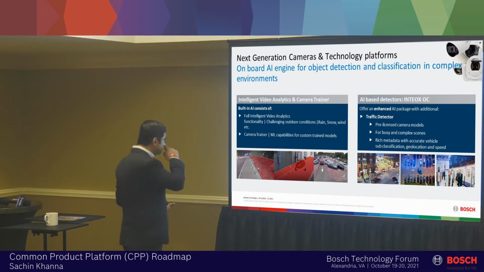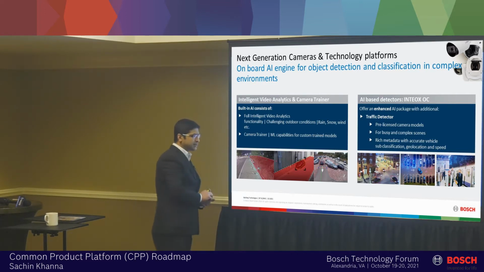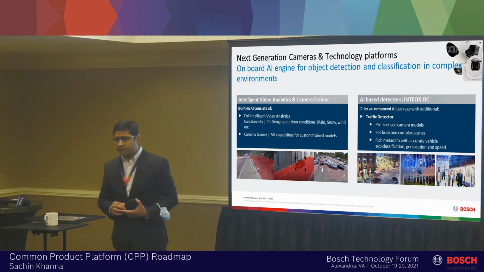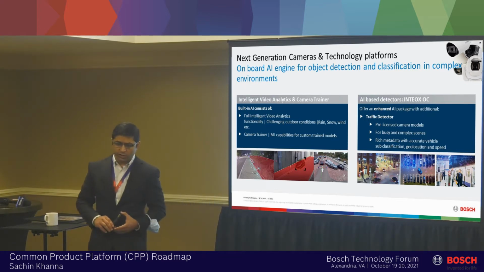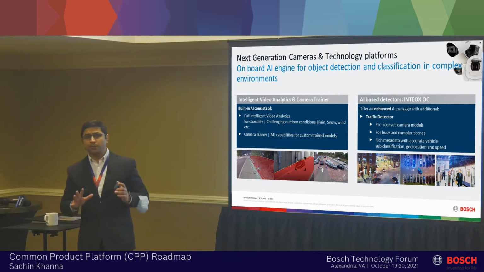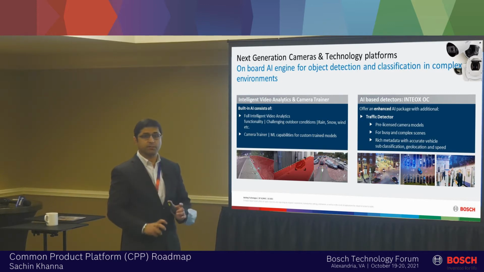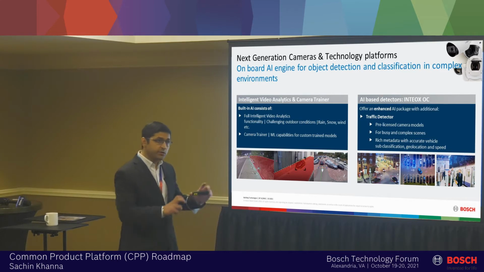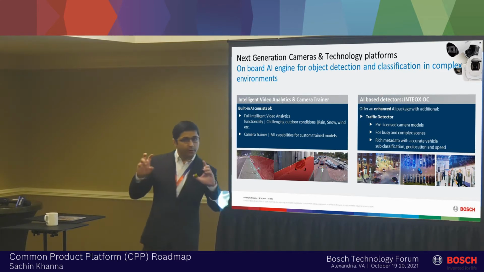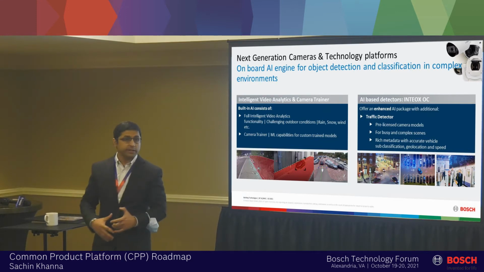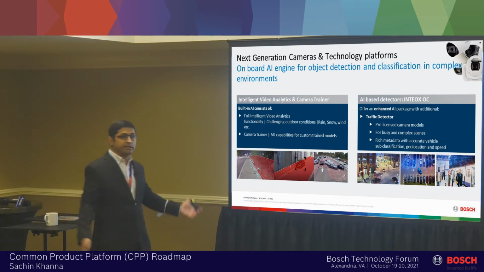We also have another application which comes as standard on this platform, which we call Camera Trainer. Camera Trainer is a piece of software which allows you to train the camera to find custom objects. You can show the camera positive and negative examples to detect certain special objects for which we don't have an algorithm.